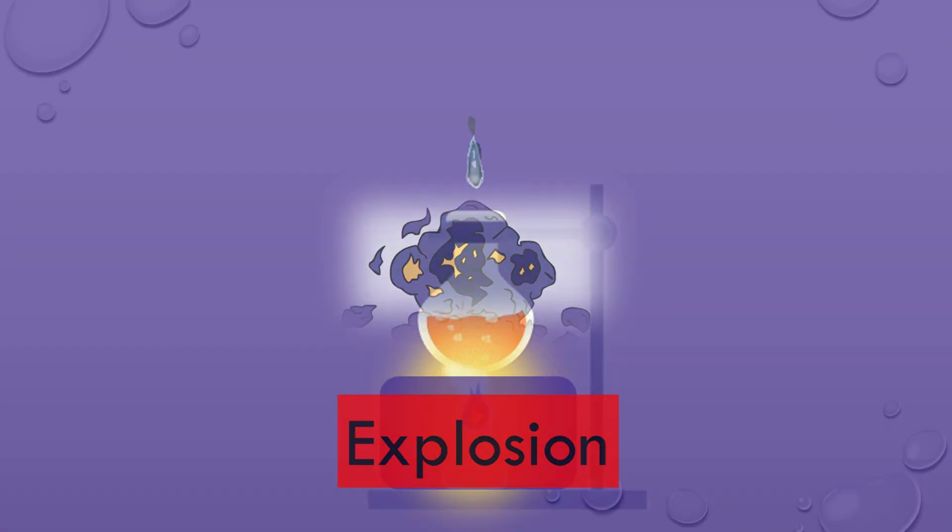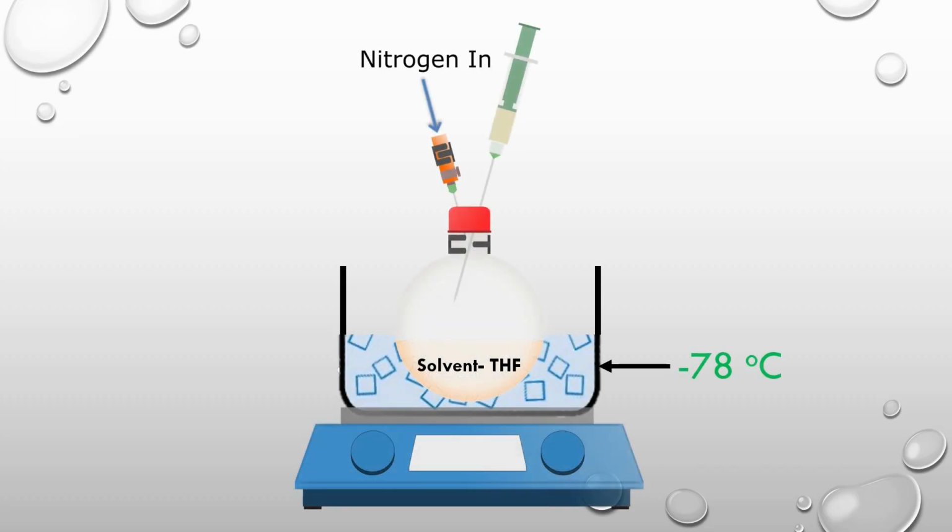Also, this reaction is generally performed at low temperature, as low as minus 78 degrees Celsius, which can be maintained in the lab by adding acetone to dry ice in a tub and keeping the reaction in that tub. Because they are so reactive, the solvent used in this type of reaction is aprotic, which does not have an acidic proton, like THF, diethyl ether or toluene, because a protic solvent can react with the Grignard reagent, creating a stable alkane.